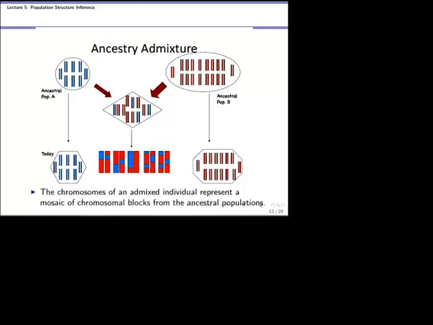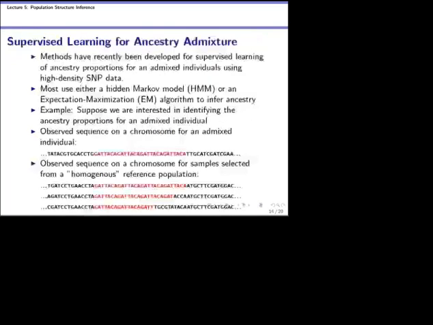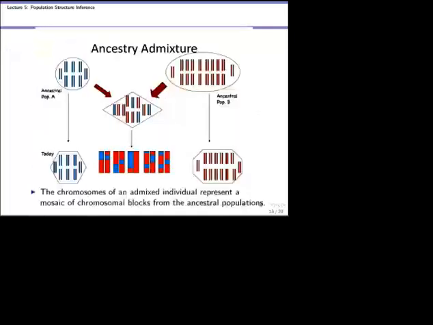So the statistical methods haven't been developed well. They're at the infancy of how to even analyze admixed genomes, which is some of the work I've been focused on recently. But how do we determine these blocks, for example, or what portion of the genome comes from European ancestry, African ancestry, right?